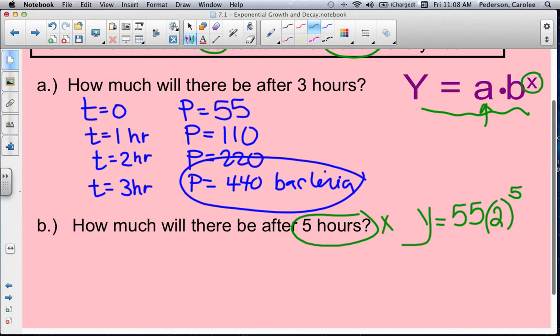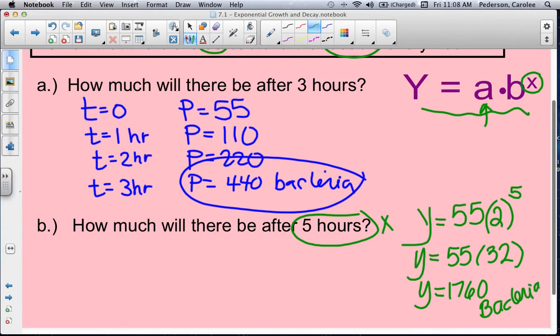You do the exponent first. So 2 to the 5th power is the same thing as 2 times 2 times 2 times 2 times 2. Or plug it into your calculator. 2 to the 5th is 32. Now multiply that by 55, and the bacteria that you'll have is 1,760 bacteria after 5 hours.